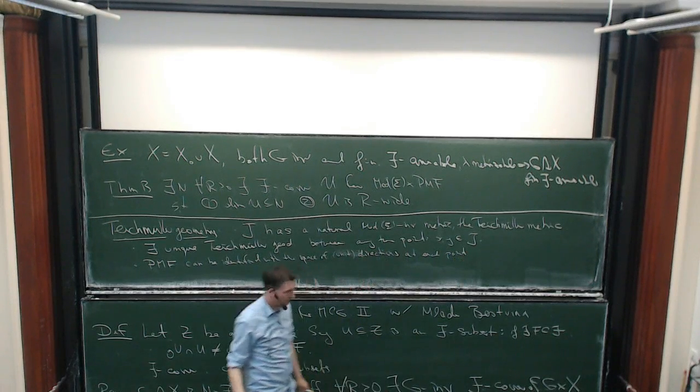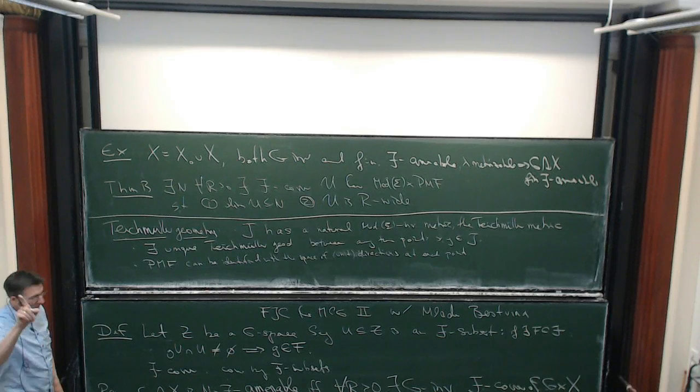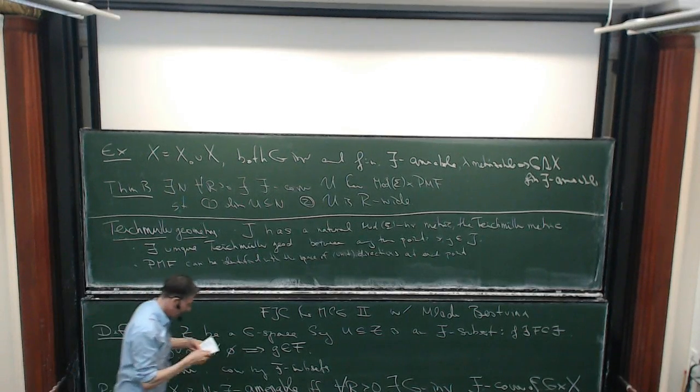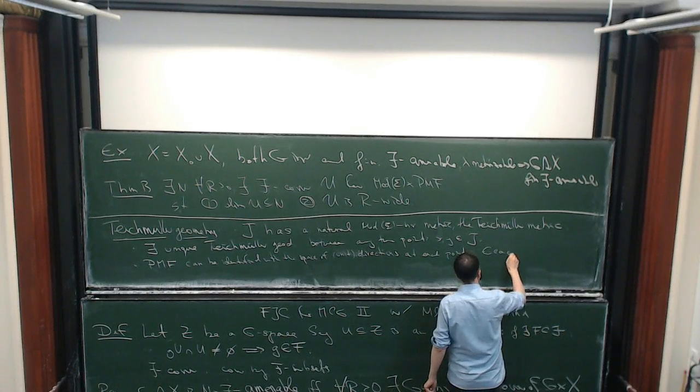If I have a point on the boundary and a point in the interior, I know in which direction this point on the boundary is, and this furthermore allows the following construction.